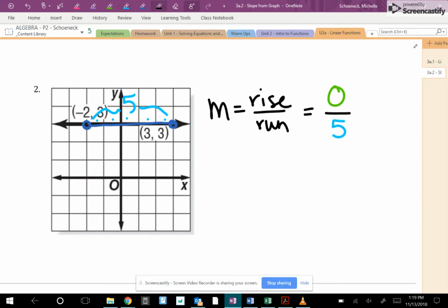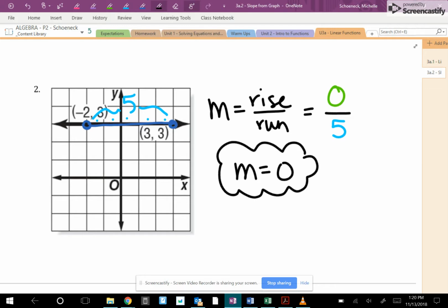So I got 0 over 5, or just 0. And this is one of our types: this is just a horizontal line. So if you can recognize that, then you know the slope would be 0.